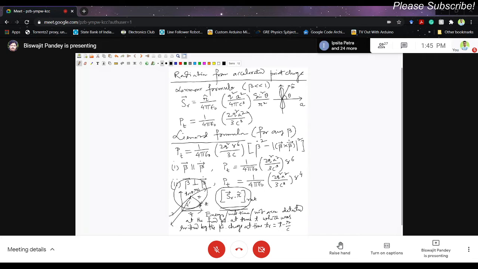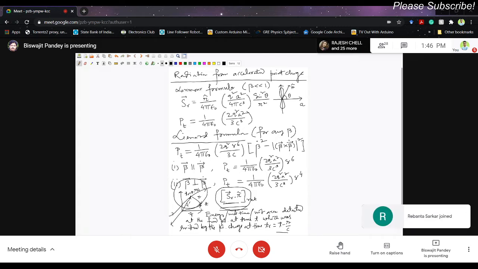So to elaborate that point, S_r dot r cap is basically the energy per unit area per unit time detected by an observer located at the field point and measured at time small t, and this energy was emitted by the moving point charge at some earlier time t minus r by c, right? So this is the physical meaning of this one.